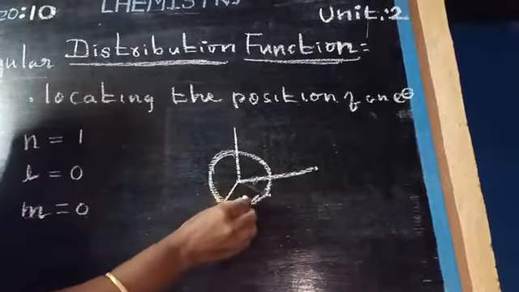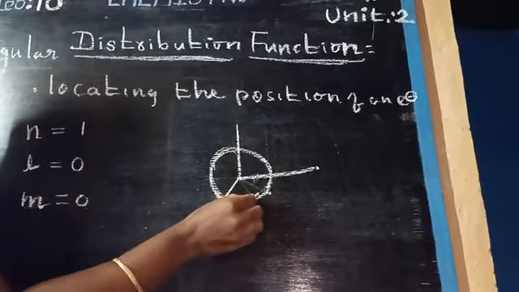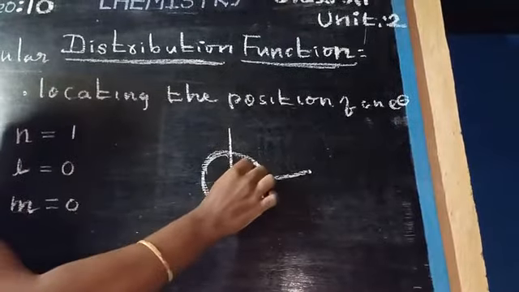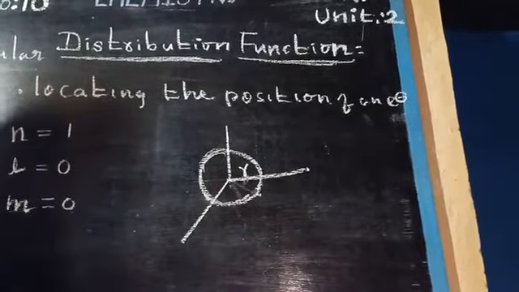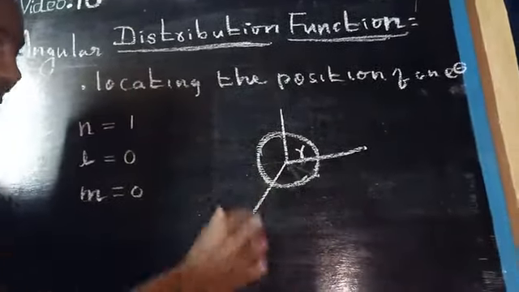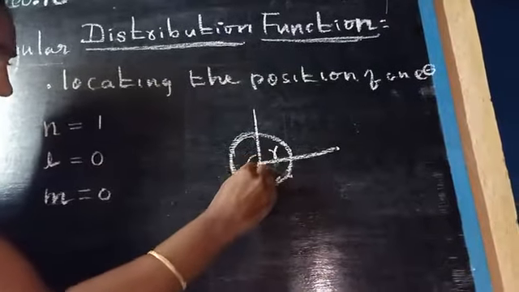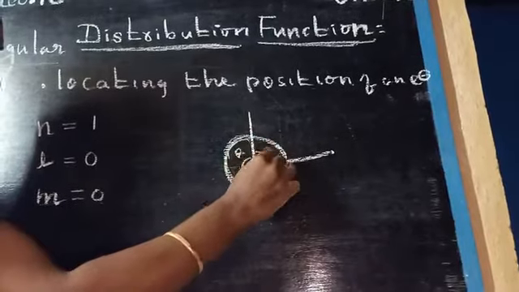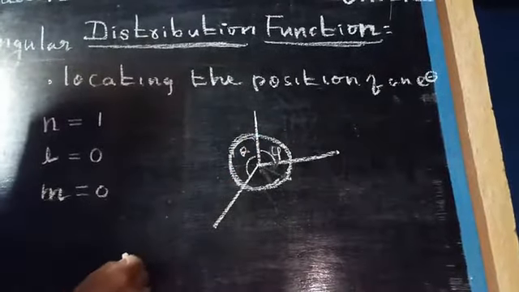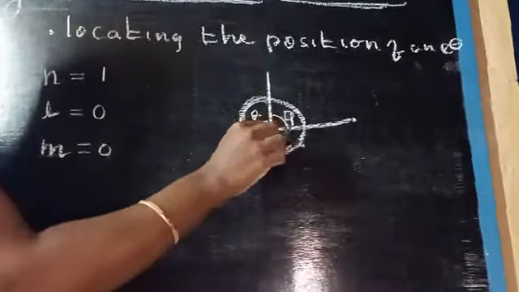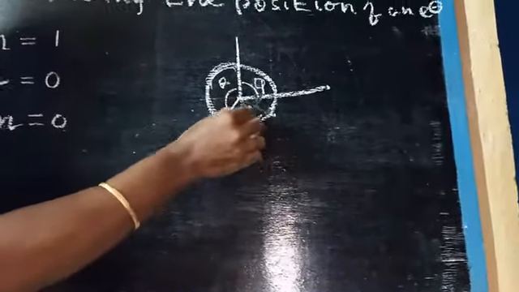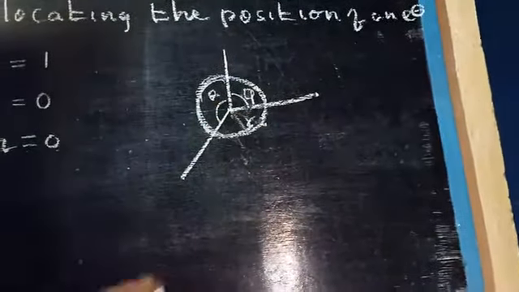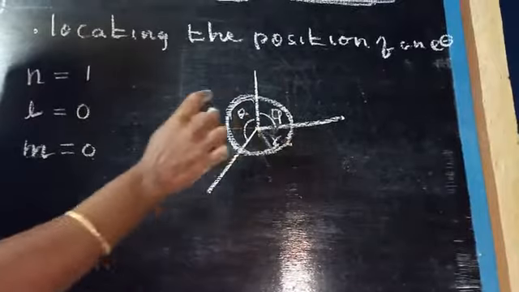To find the distance we use the symbol r. Next is the angle theta, and another variable is phi. Anywhere the electron is, we find the distance r, along with theta and phi.